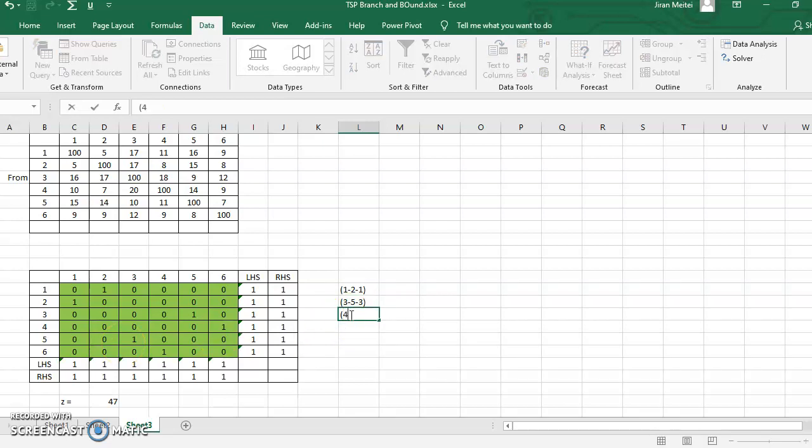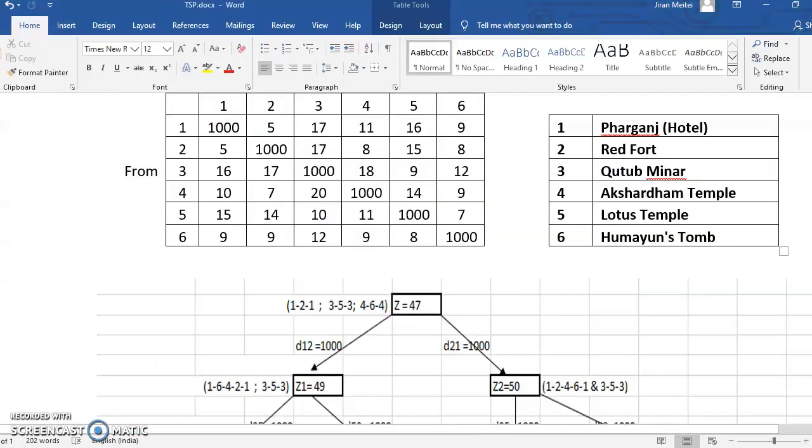What about 4? From 4 I'm going to 6, and from 6 I'm coming back to 4. So we have 3 different subtours with 47 as the value of Z, and this is what I've written over here.